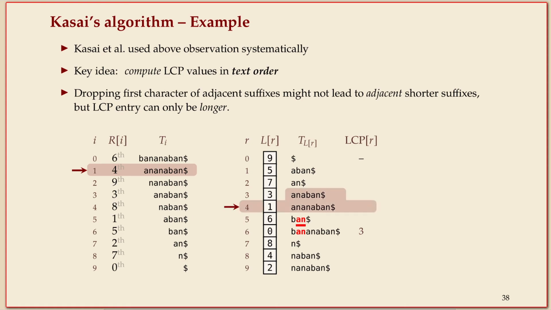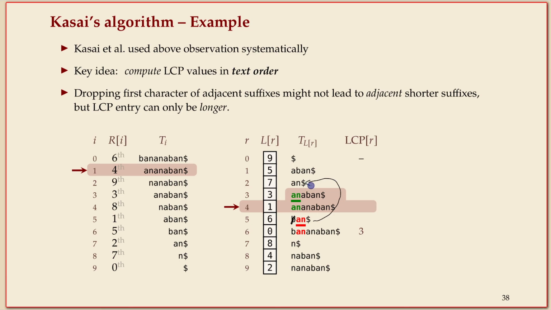But which LCP array entry am I finding now? I look at the rank array, and that brings me to this position. So I know I'm looking at this suffix and whatever comes before it in alphabetic order. And I already know it has to start with AN. Why? Again, because I previously compared with this one, and this one without the B started with AN.